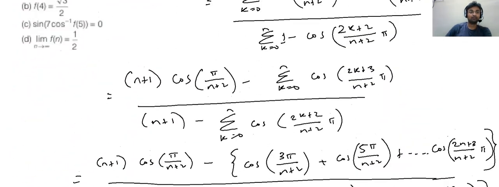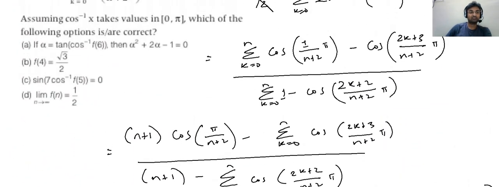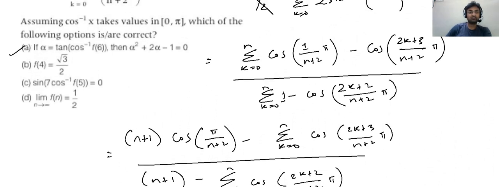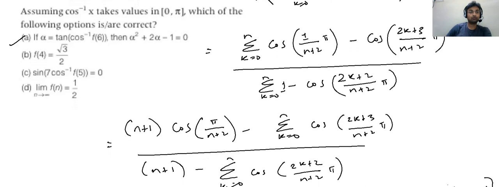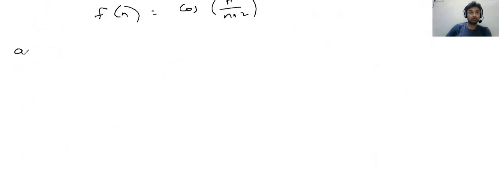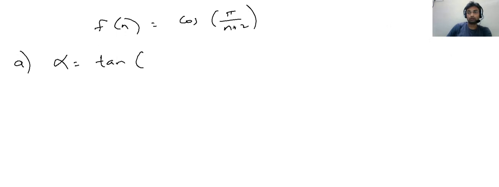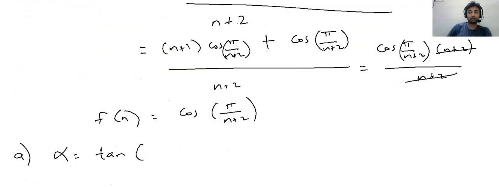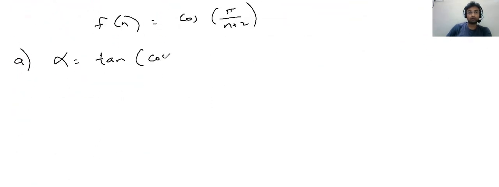Now we have a simplified version of what we wanted. Now let's see what has been asked. In option A, alpha is equal to tan of cosine inverse f of 6. So what is f of 6?